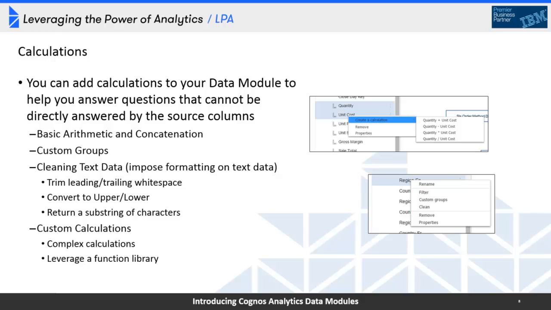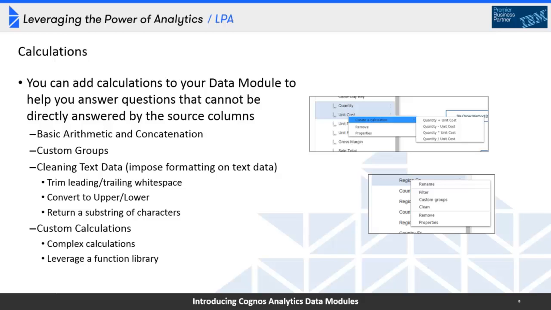Now, sometimes the data in your source, in your tables, in your uploaded spreadsheets, and so on, does not contain the data that I necessarily want for my analysis, but I can derive the data that I want from the components in those objects. So, for example, in my screenshot, I have a quantity and a unit cost.